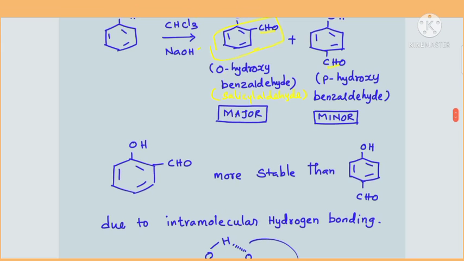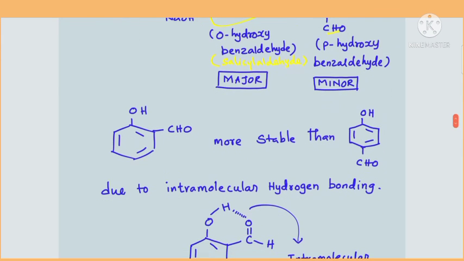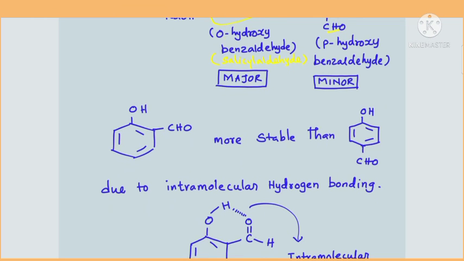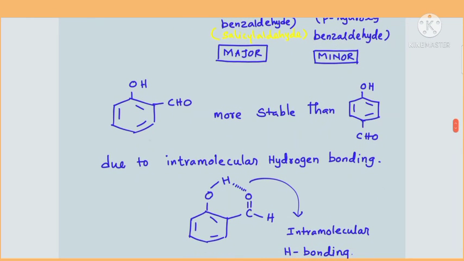The reason is the ortho compound, salicylaldehyde, is more stable compared with para-hydroxybenzaldehyde, because orthohydroxybenzaldehyde has involved in a type of bond which we call intramolecular hydrogen bonding. That intramolecular hydrogen bonding makes this ortho form more stable than the para form.